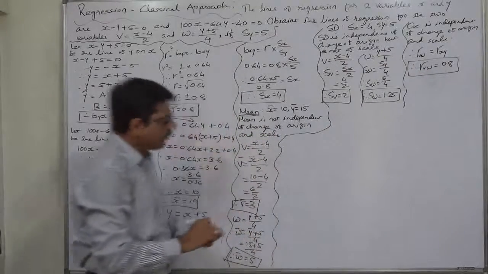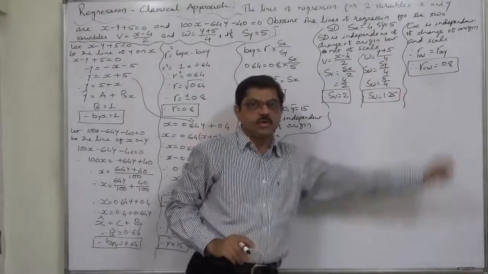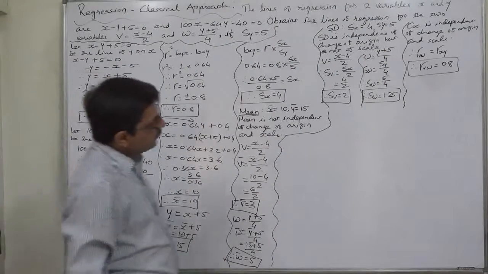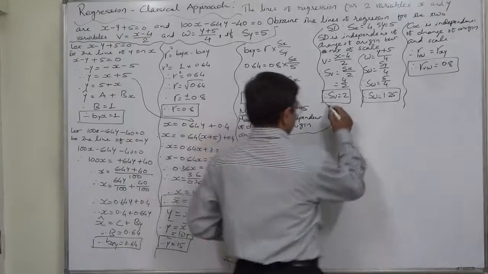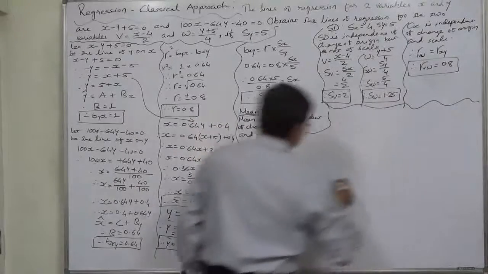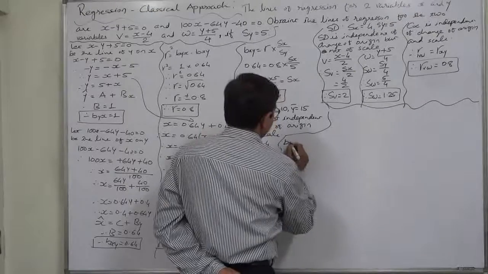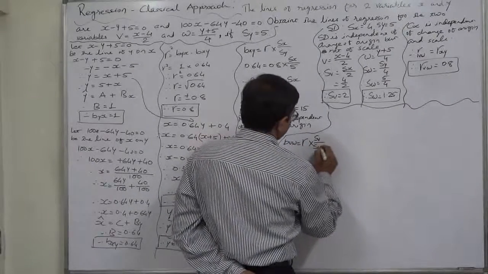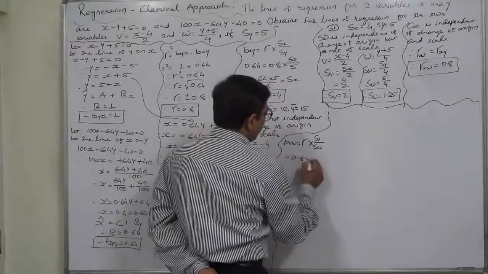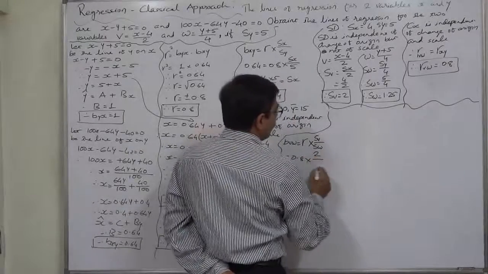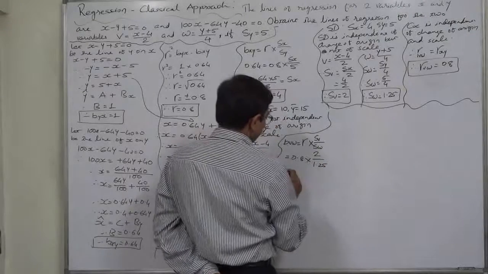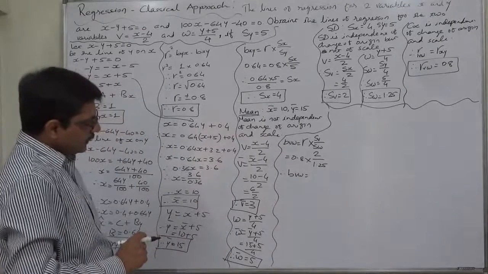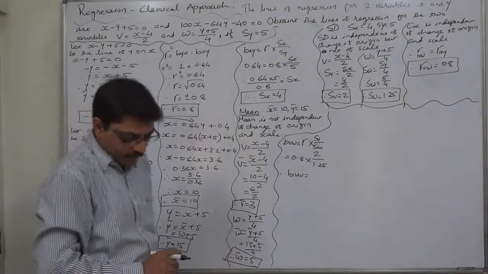Now we have two standard deviations as well as the coefficient of correlation. That means we can find the coefficients of regression for V and W. BVW will be coefficient of correlation into SV upon SW. That will be 0.8 into SV 2 upon SW 1.25. Simplify this, 1.6 divided by 1.25.